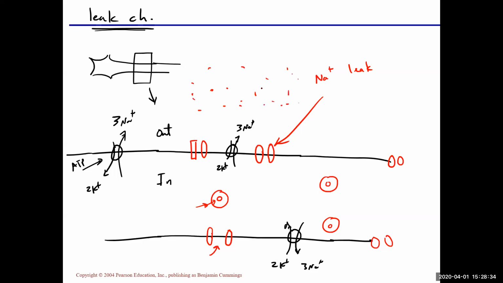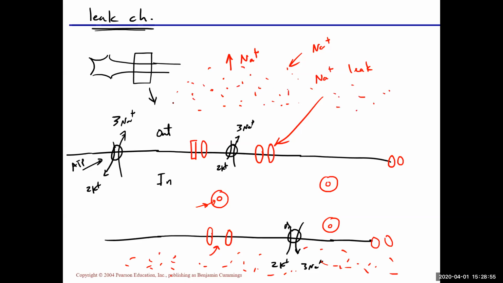That's what's going to happen. So higher sodium concentration happens to be on the outside. So pretend these dots are sodium ions, cations. All right, so you'll see a lot of sodium on the outside.